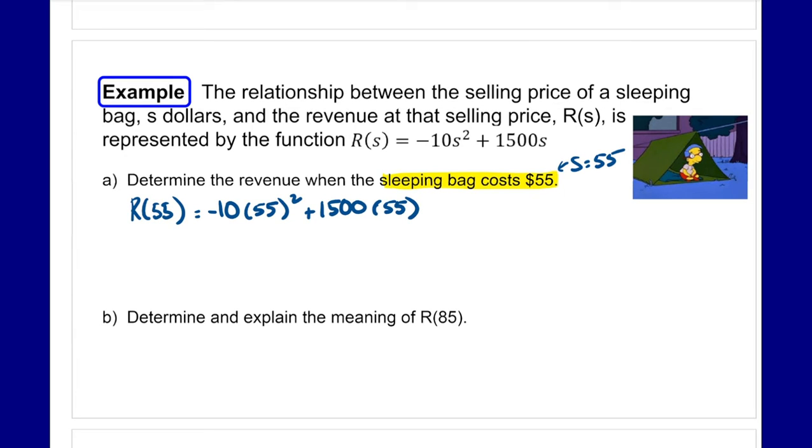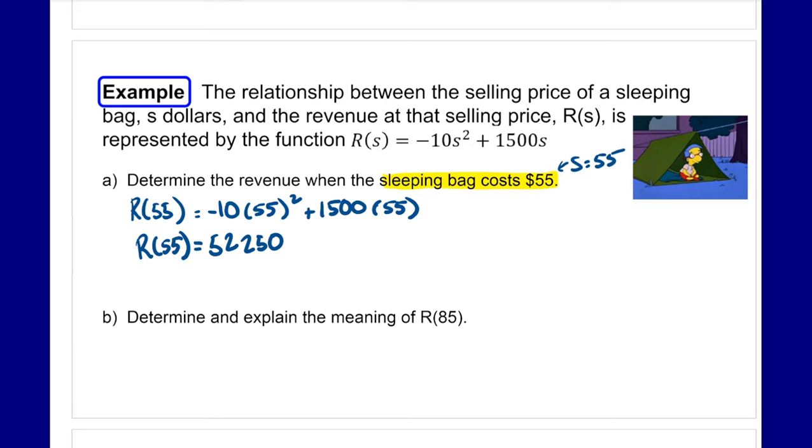So negative 10 times 55 squared plus 1,500 times 55. This works out to 52,250. So that's the revenue when the selling price is 55.